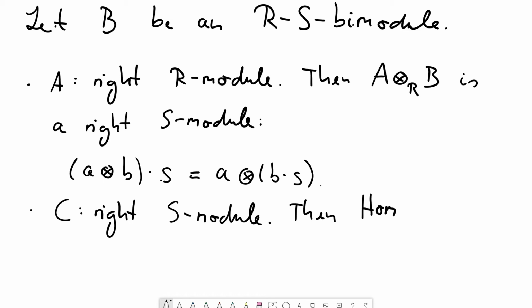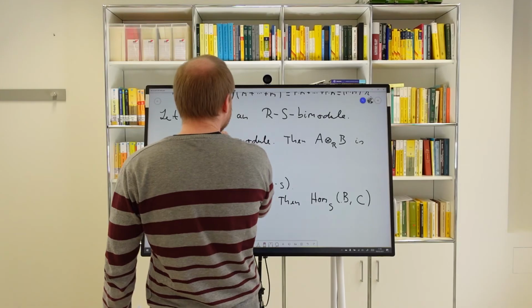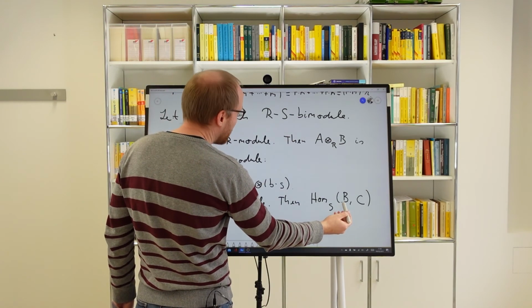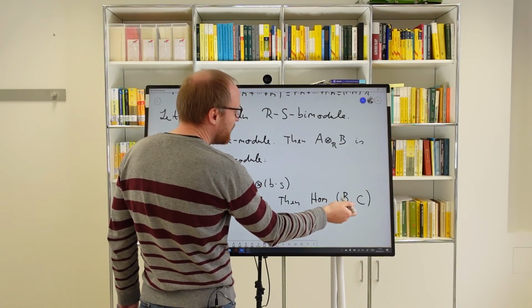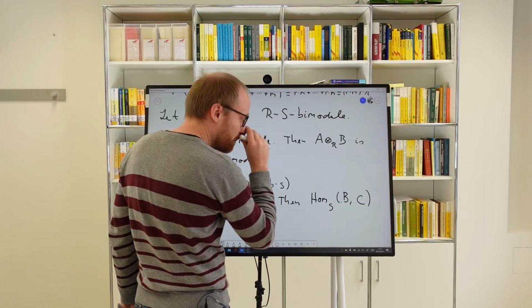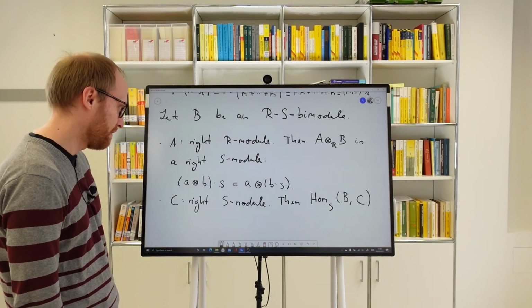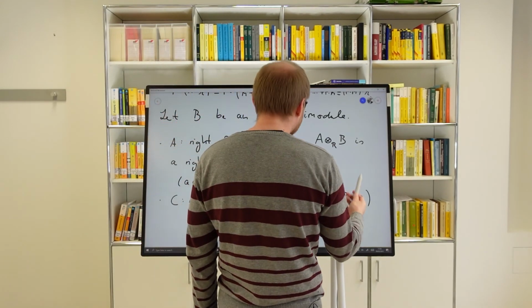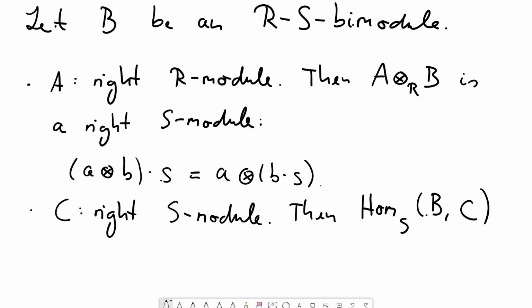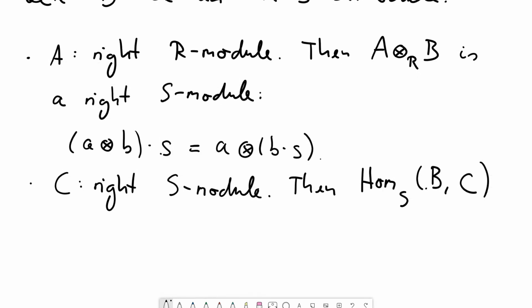Then the homomorphisms, so the right S module homomorphisms from B to C. So B is an RS bimodule. I consider it as a right S module here. First of all, I forget about the left action by R. Then I consider the set of homomorphisms from B to C which commute with the right action by S. And this is then a right S module.